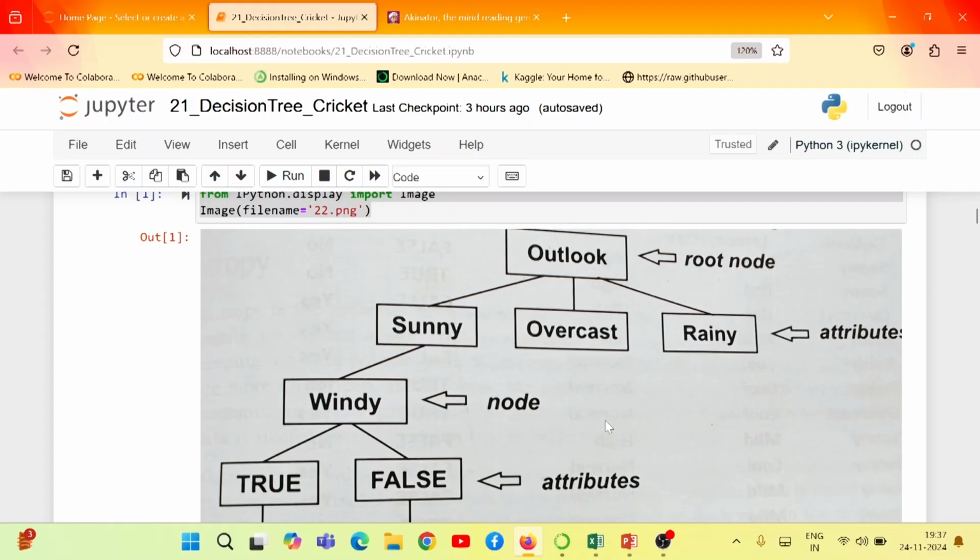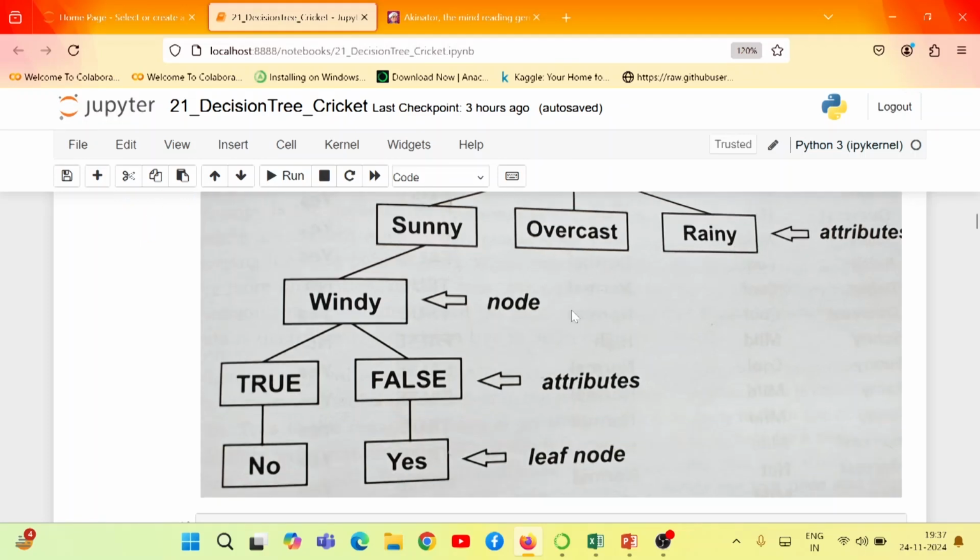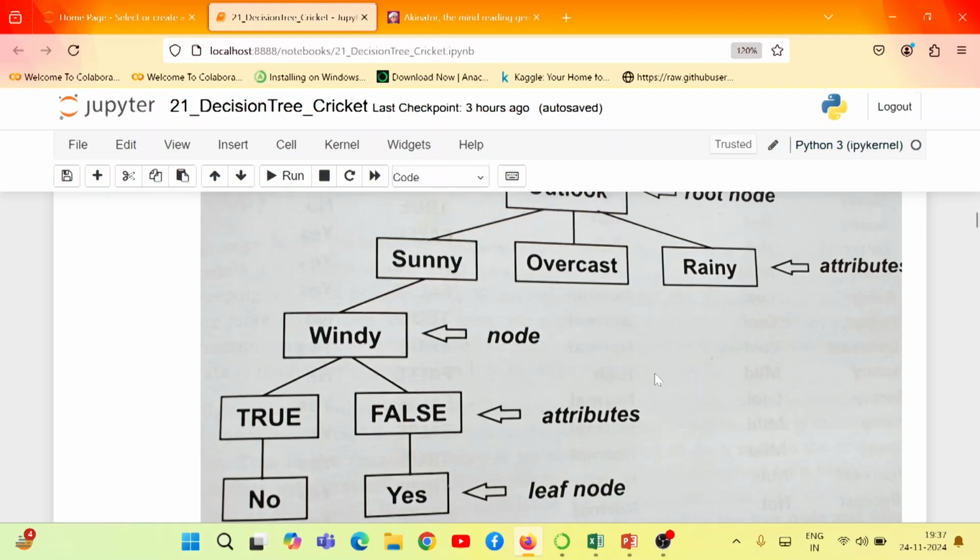Similarly, if outlook is overcast, then it will check if windy is true or false. Depending on this test, it will provide the output in the form of yes or no. So this checking path actually looks like a branch of a tree, right?